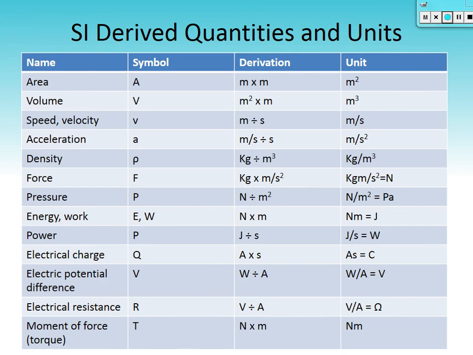Here's another chart that shows all the different derived quantities, like area, volume, speed and velocity, acceleration, density, force, pressure, energy, power, and all of these. Notice, derived just means we're combining a couple of base units, and that's what we're doing here. We're either multiplying or dividing different base units.